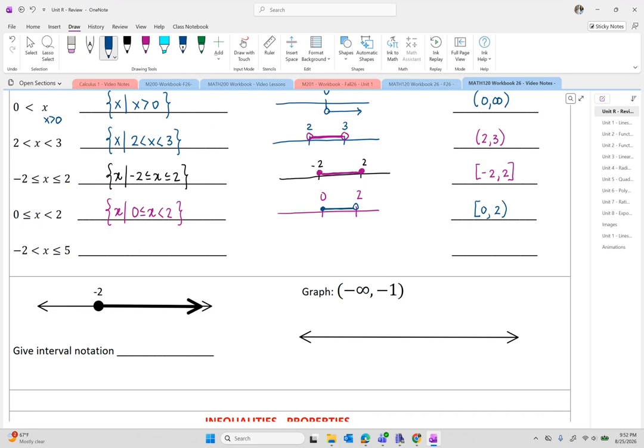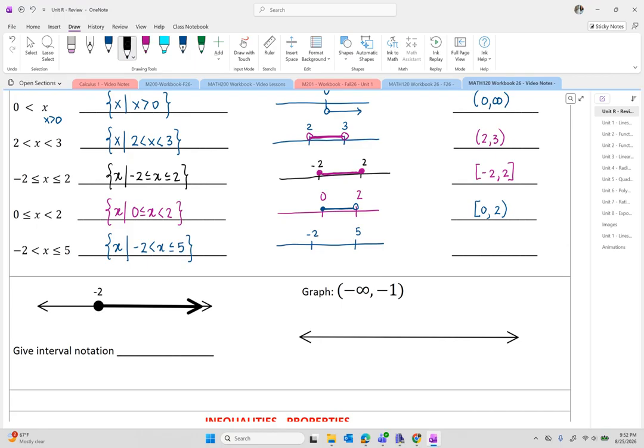Finally, when I have the interval that says x is greater than negative 2 and less than or equal to 5, in set builder's notation, I will write this as x is such that negative 2 less than x less than or equal to 5. The graph will be a number line with the two critical values on it.